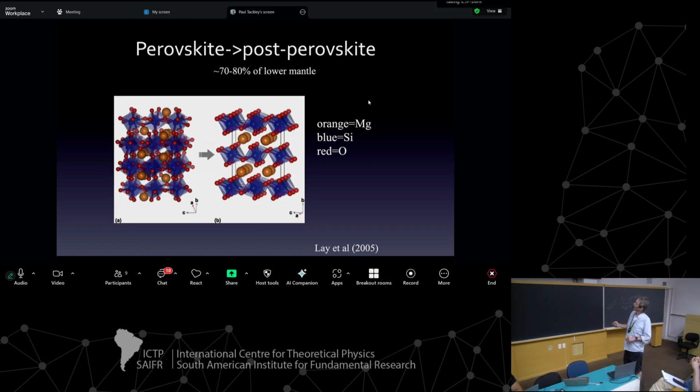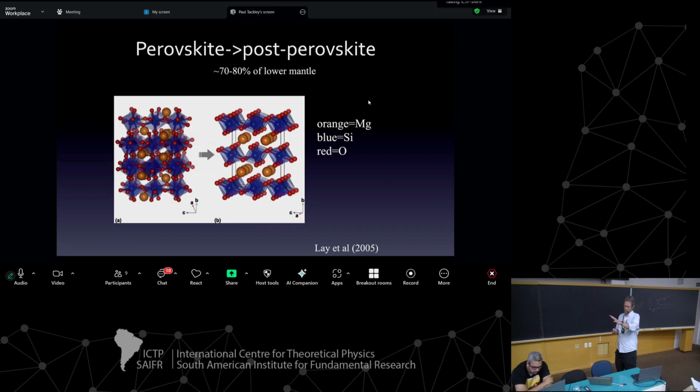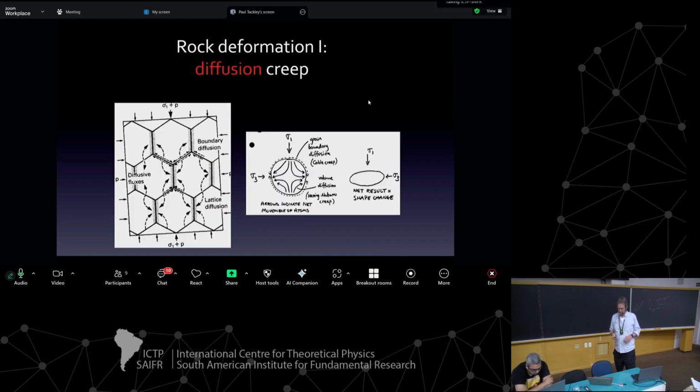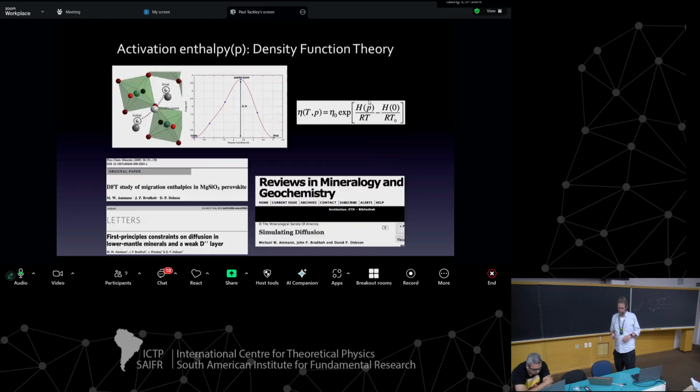Anyway, here's one of these nice images showing the perovskite structure and the post-perovskite structure. So you can see that the post-perovskite structure is sort of layered, and that actually makes it anisotropic. So the viscosity for deformation is different along one direction than another. Now, Philippe nicely talked about diffusion creep and dislocation creep.